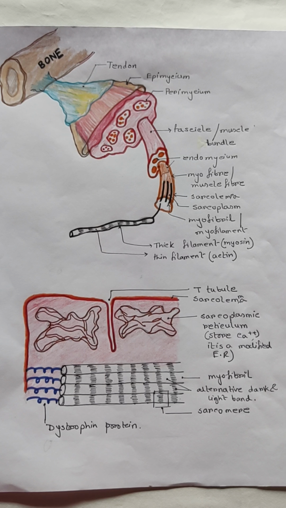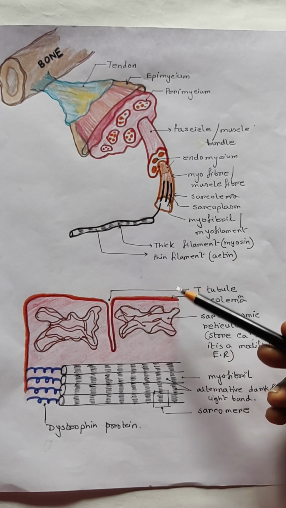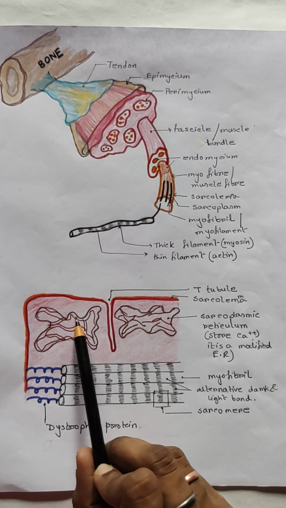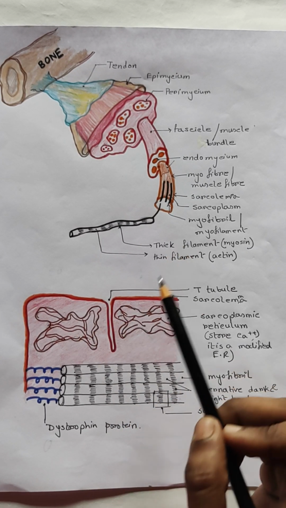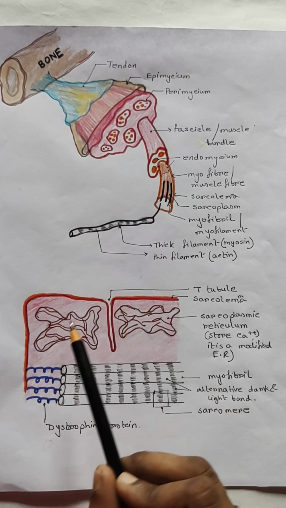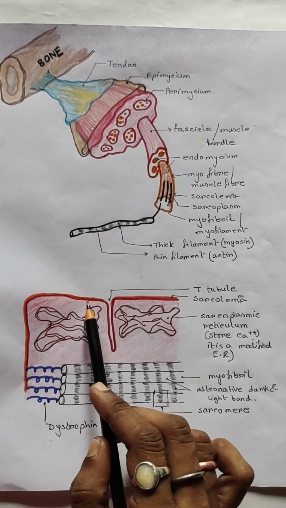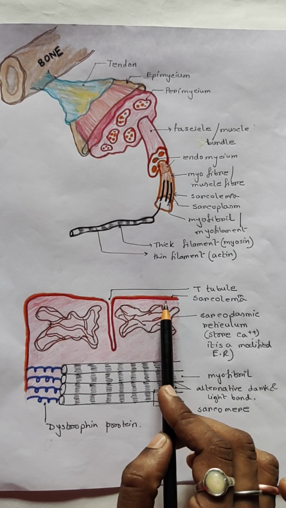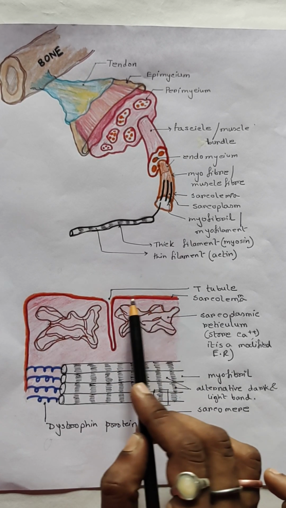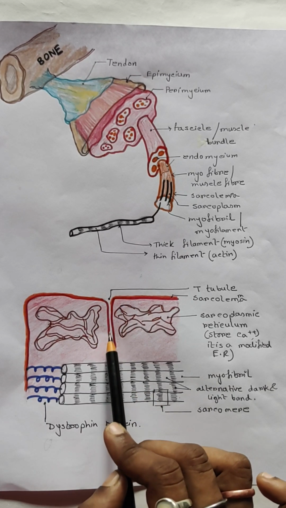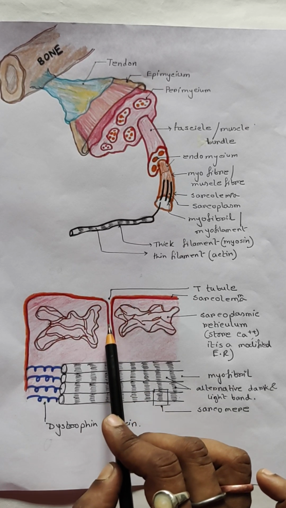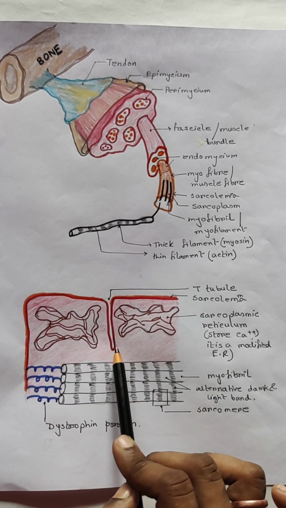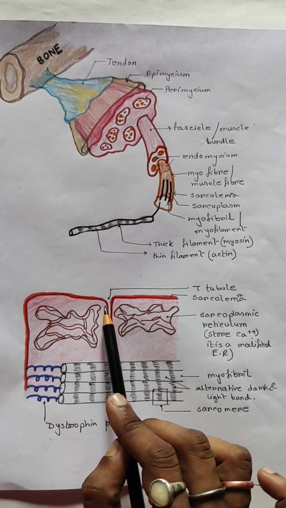Another important structure of the skeletal muscle is the sarcoplasmic reticulum. If we take a cross section of the skeletal muscle, we can find this type of diagram. This is the sarcolemma, the membrane of the muscle fiber. And there is an invagination, that means the sarcolemma comes inside the muscle fiber and forms an invagination.